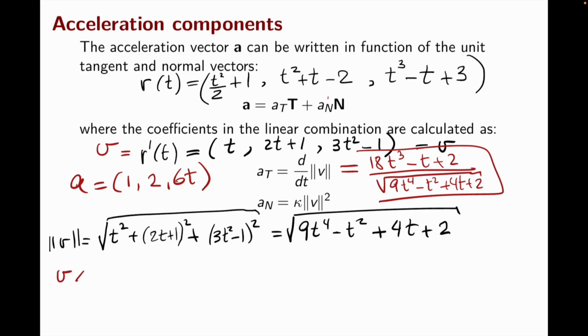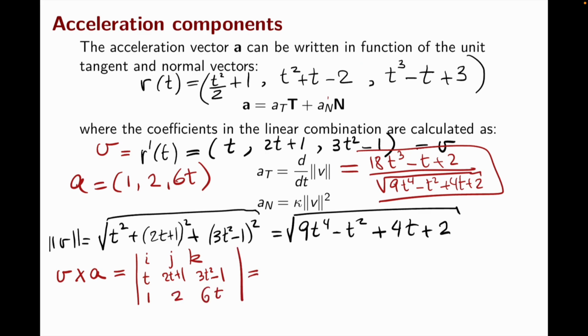the cross product of the velocity and the acceleration. This is done by taking the determinant here: i, j, k, then the components of v, which are t, 2t plus 1, 3t squared minus 1, and the components of the acceleration, which are 1, 2, 60.